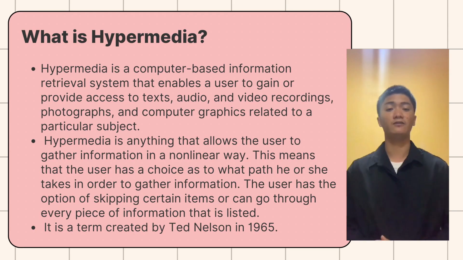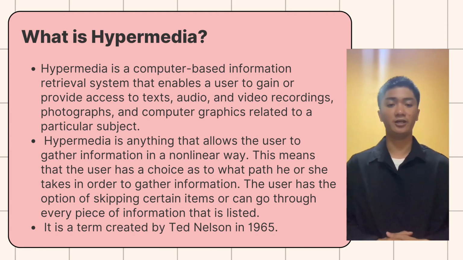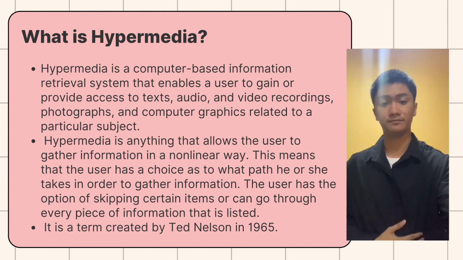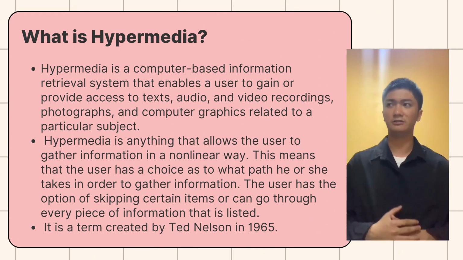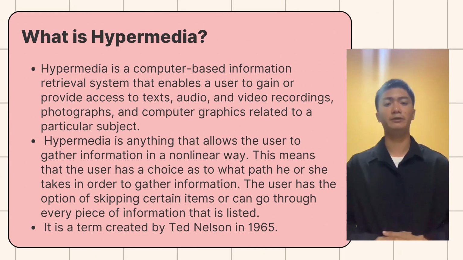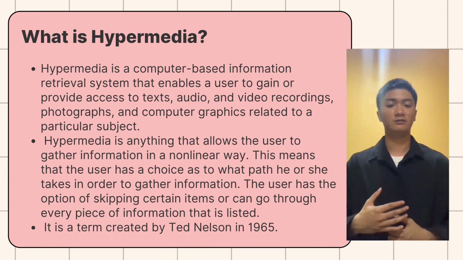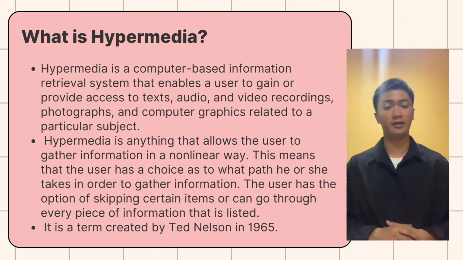And lastly, the goal is to provide a more engaging and immersive way to access information. So hypermedia is all about blending different media types into an interactive and interconnected experience. It's a cornerstone of how we interact with digital content today.